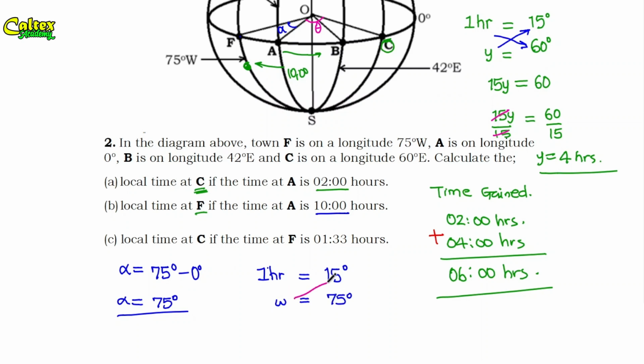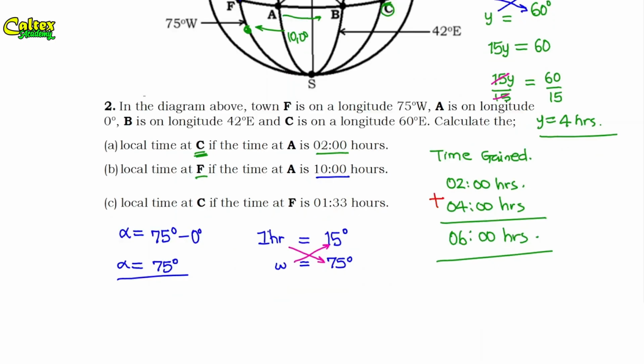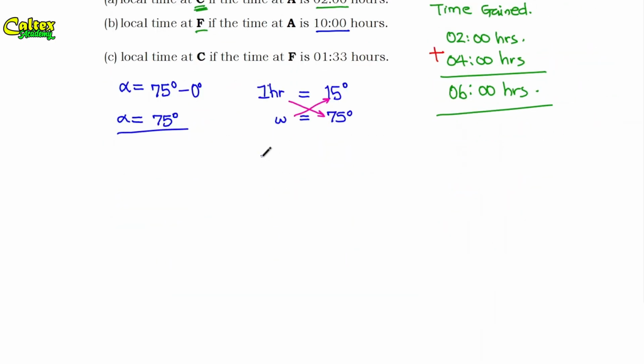So we have to cross multiply such that we get the left-hand side of this expression. Maybe before that, we need to get some more space. And we have 15W must be equivalent to 75. From here, we can divide both sides by 15.